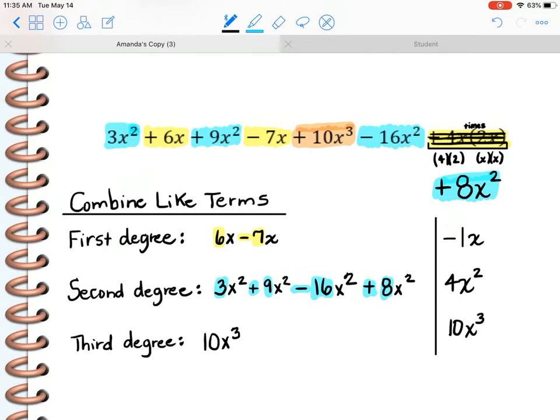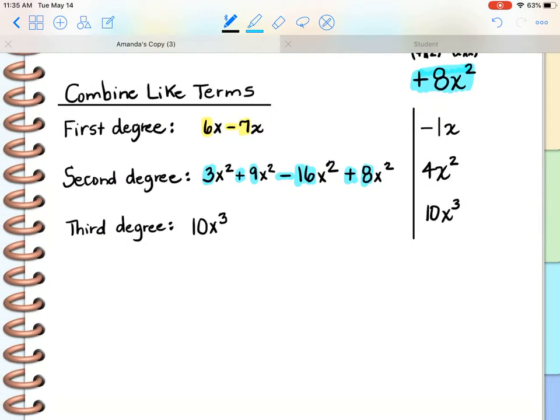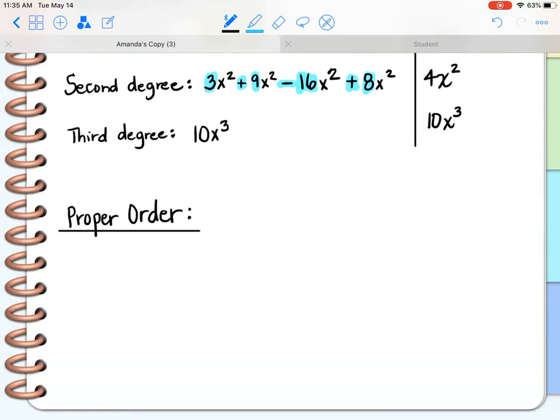And we're almost done. The last thing that we need to do is put them in the proper order. Actually, there's one more thing I see after this. So the proper order for an algebra problem, you take the highest degree first. So 10x to the third. That's a positive 4x to the second.